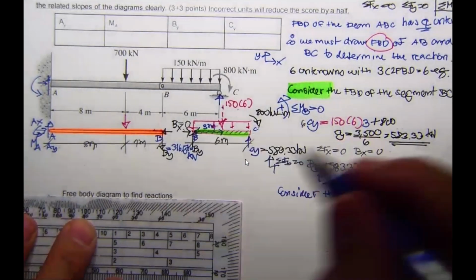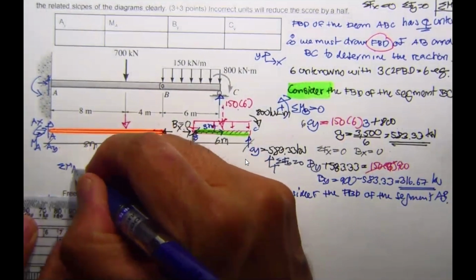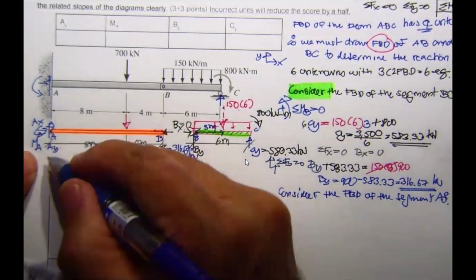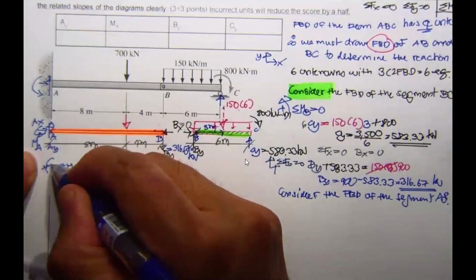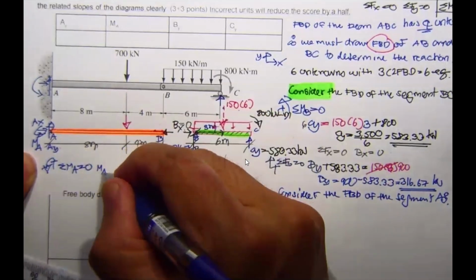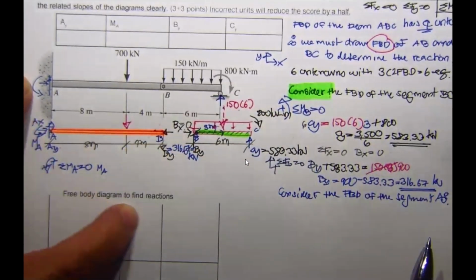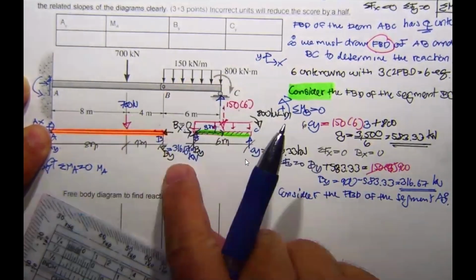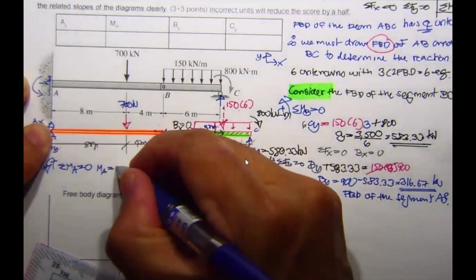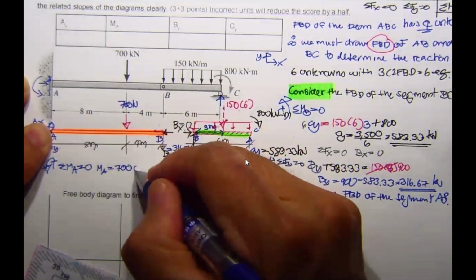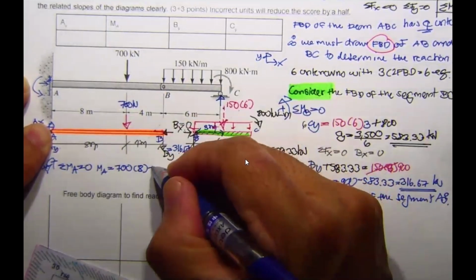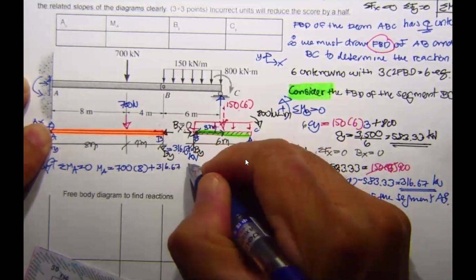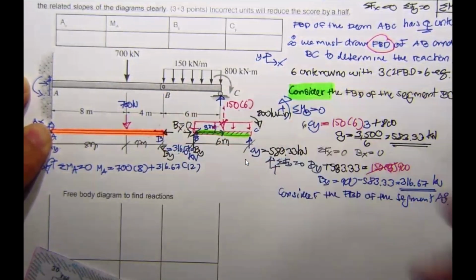Now we may take the summation of moment about A to be 0, eliminating A sub x and A sub y, with rotation of this one positive. So M sub A rotates in this direction, 700 kilonewton opposite, B sub y opposite, equal to 700. The moment arm is 8. This one rotates clockwise, opposite, 316.67 times 12 meters.